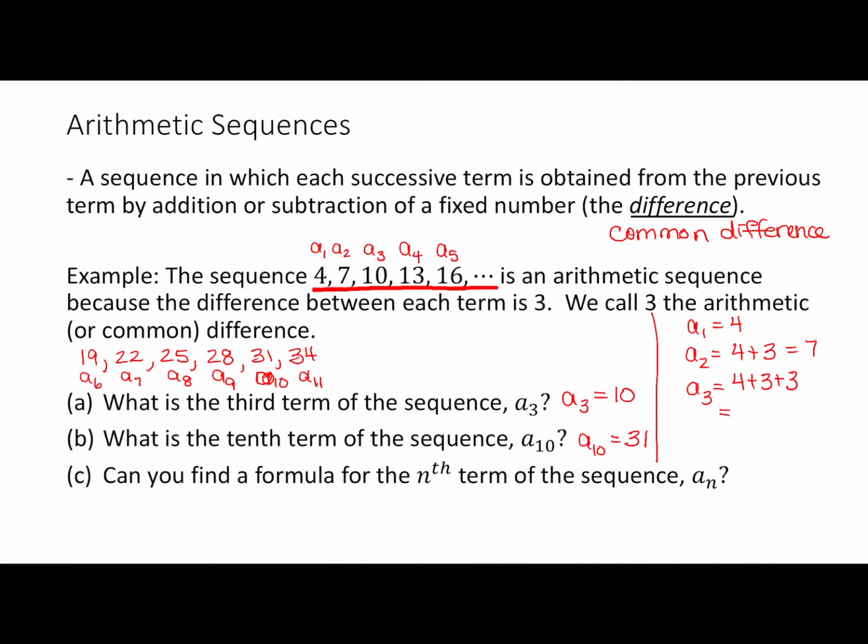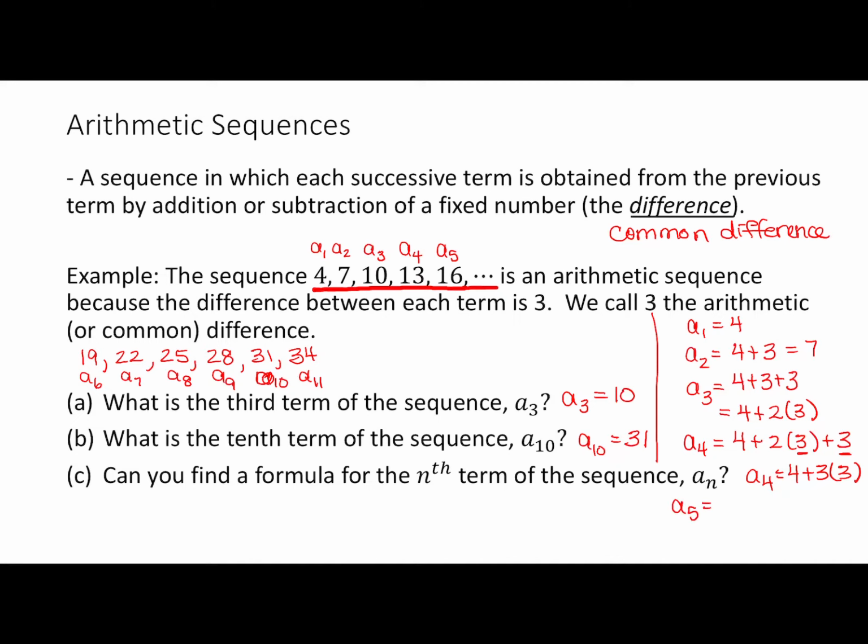But notice that's the same as 4 plus 2 times 3. Now what if I want to do A4? Well, I'm going to take the previous term, 4 plus 2 times 3, and I'm going to add 3 again. Well, I have a 3 here and a 3 here, so I can combine these to get A4 is 4 plus 3 times 3. Let's go one more.